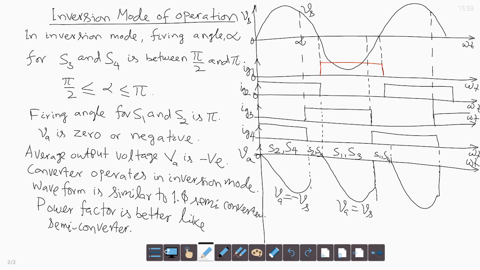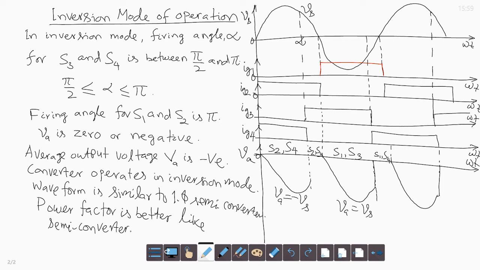By operating full converter as semi converter, power factor is improved at the cost of increased complexity of firing circuit. So firing circuit will be more complicated because now we require 2 sets of pulses. In normal full converter, there is only one firing angle alpha.